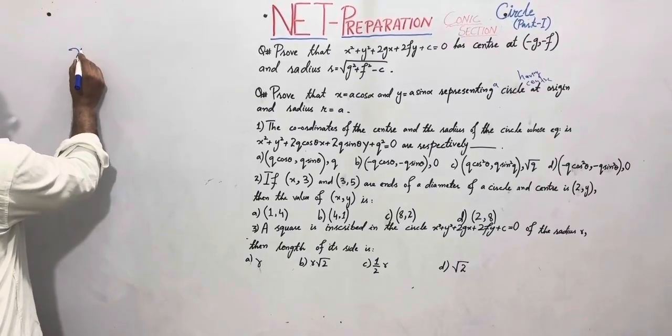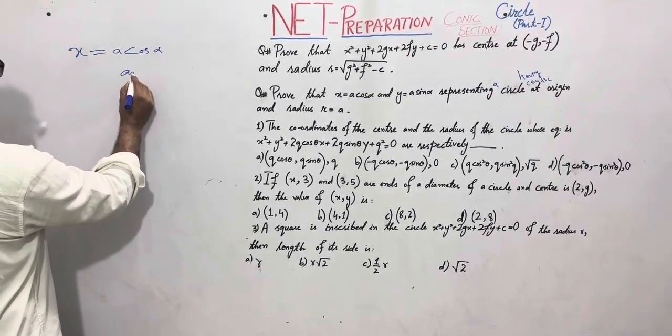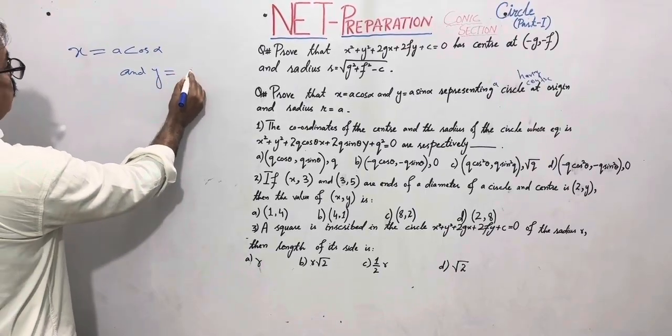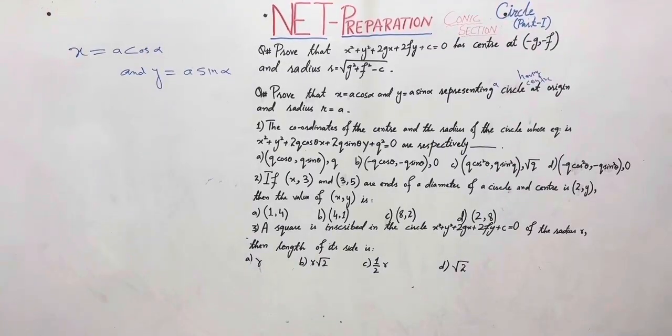We have given the equations x is equal to a cos alpha and y is equal to a sin alpha.